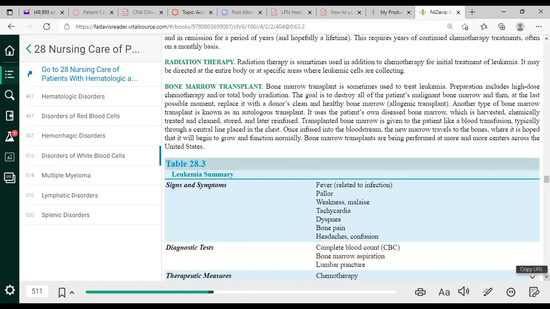But when patients are receiving cancer treatment, chemotherapy and radiation, you want to monitor them for side effects of the radiation as well as the chemotherapy, because chemotherapy weakens individuals' immune system. So this person already has a weakened immune system. Chemotherapy will weaken it further.